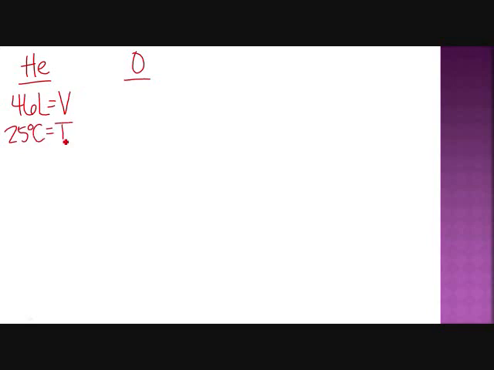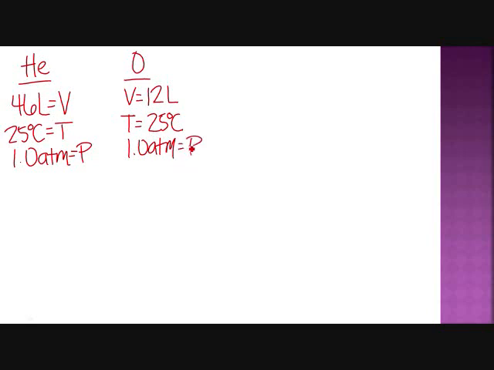And we know we have 1 atmosphere, which is pressure. Then for the oxygen, we know that the volume of the oxygen pumped in is 12 liters. The temperature is also 25 degrees Celsius, and it is also 1 atmosphere because we are outside of the sea.